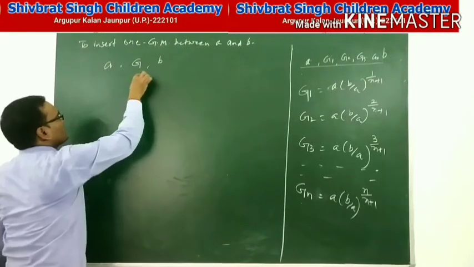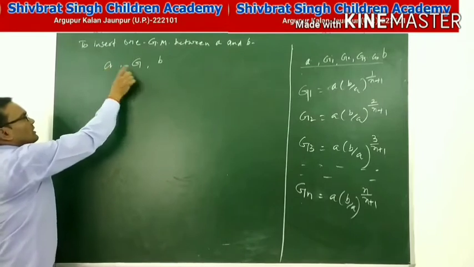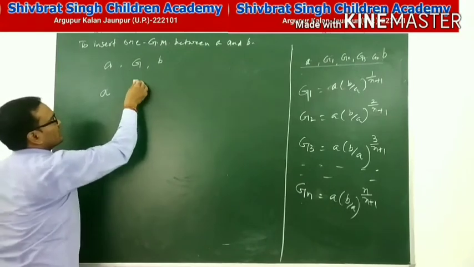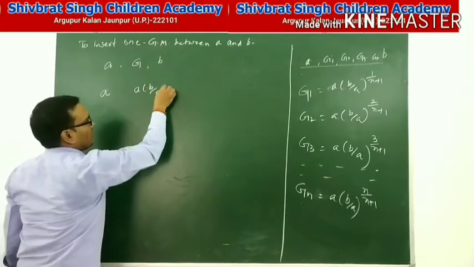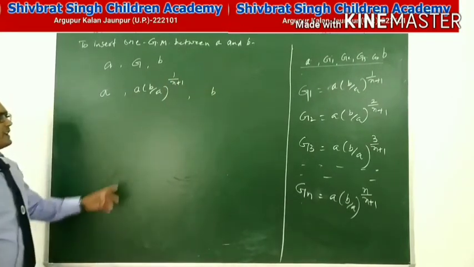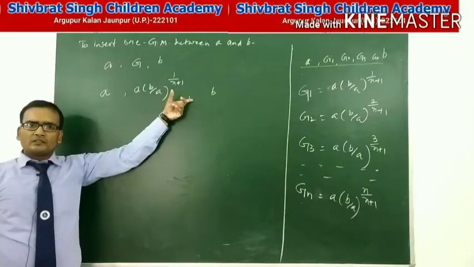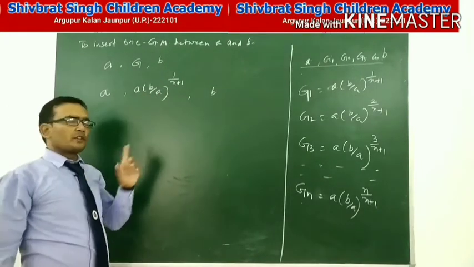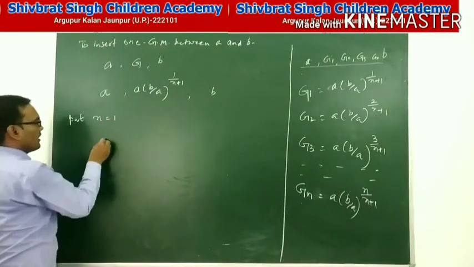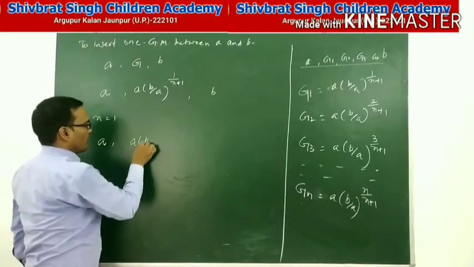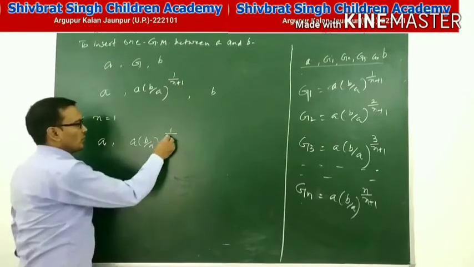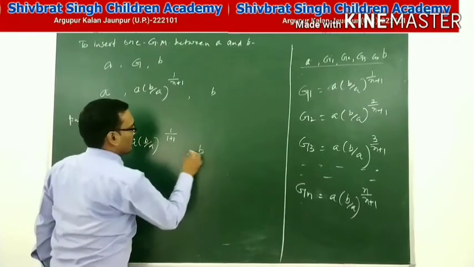Here we consider g, only one geometric mean between a and b. The series is a, g1 equal to a b upon a to the power 1 upon n plus 1, comma b. Here, how many geometric means between a and b? Student, only one. Then put the value of n equal to 1: a, comma, a b upon a to the power 1 upon 1 plus 1, comma b.